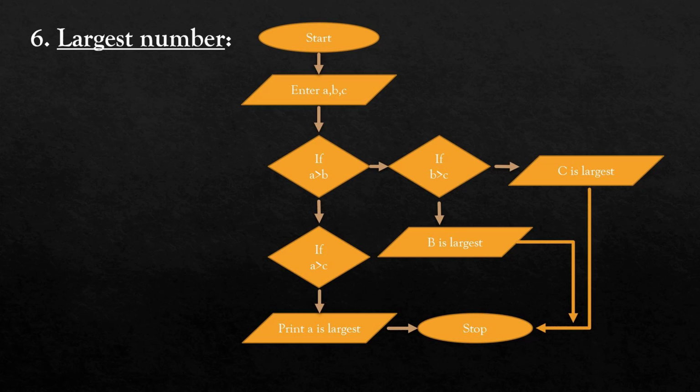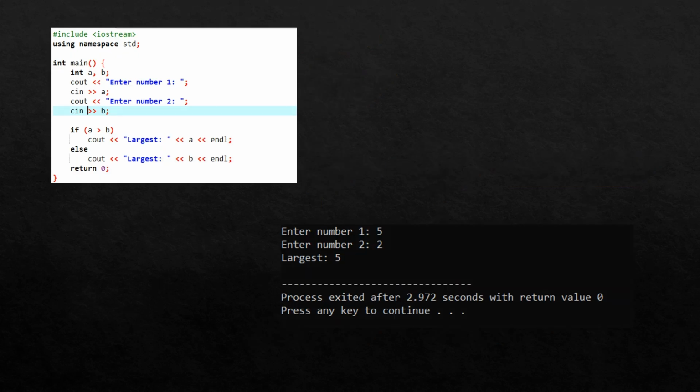Then output. We will also be using the diamond shapes as the code has to make decisions, either A is bigger or B is bigger or C is bigger. In the code you can see we use a nested ternary operation to find the largest number.